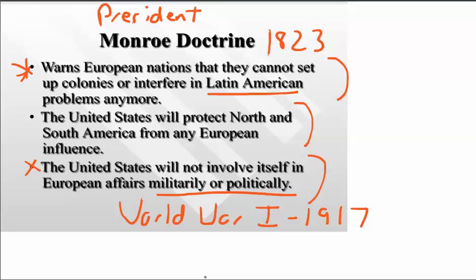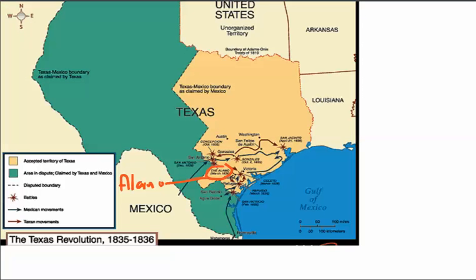Now let's turn our attention to a specific area of the North American continent. As you may know, what we today call the state of Texas used to be owned by Mexico. And in the early 1820s, Mexico got their independence, but very few Mexicans lived in the northern part of their country in Texas.